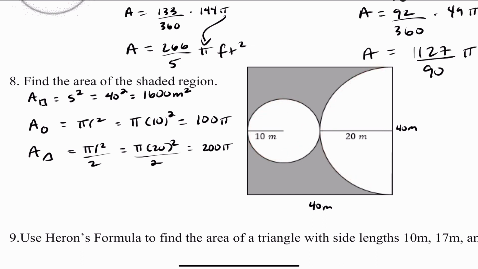You're basically subtracting: the area of the square minus the area of the circle minus the area of the semicircle. So it's 1,600 meters squared minus 100 pi meters squared, and then minus 200 pi meters squared.